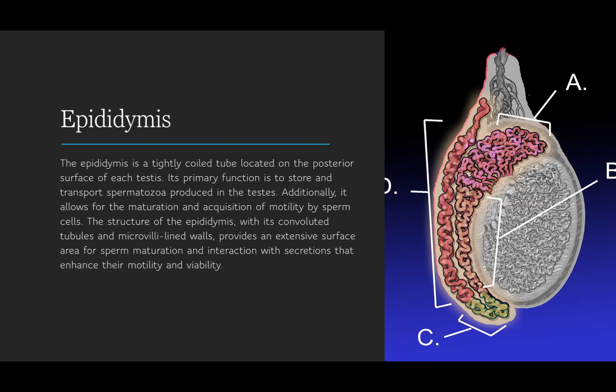So the spermatozoon gains its motility while going through maturation in the epididymis. The structure of the epididymis, with its convoluted tubules and microvilli lining the walls, provides an extensive surface area for sperm maturation and interaction with secretions that enhance motility and viability.